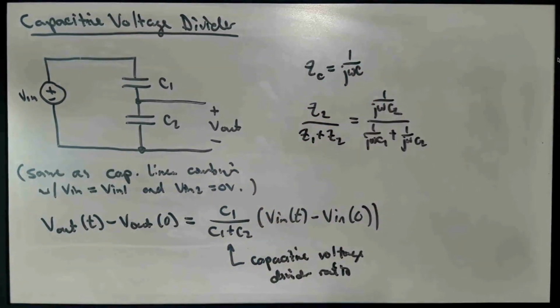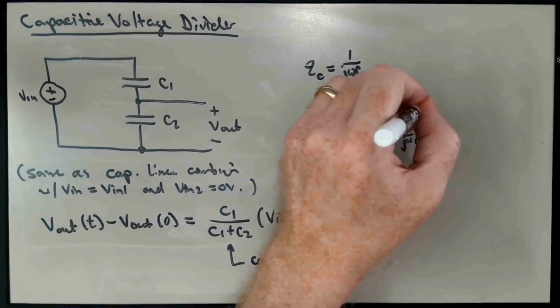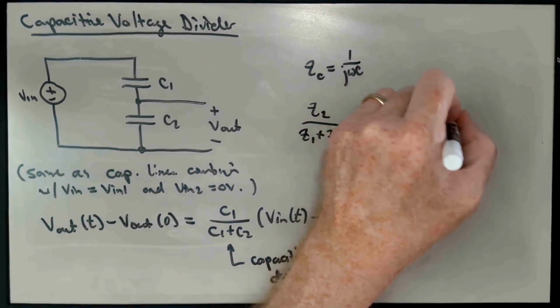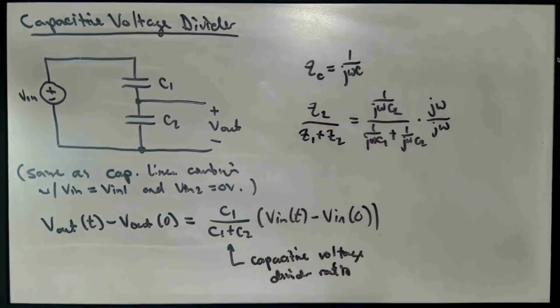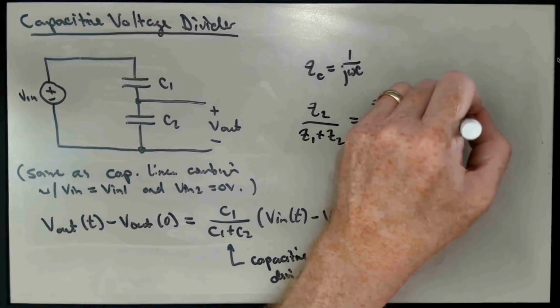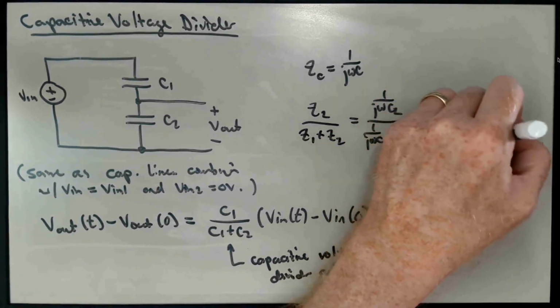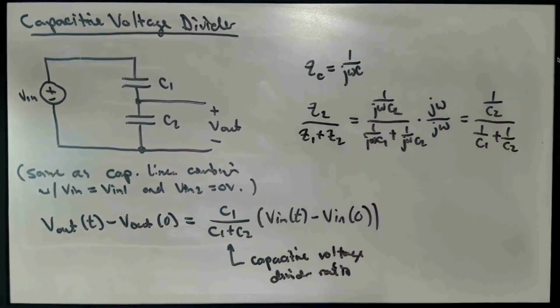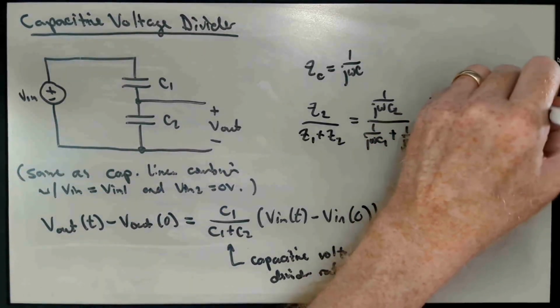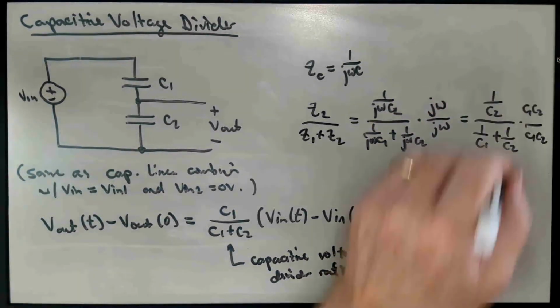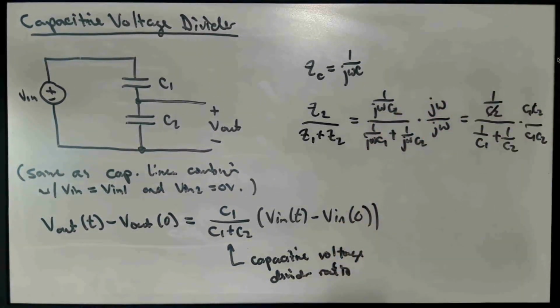And if we multiply through by j omega over j omega, that gets rid of the j omegas everywhere. And so that's 1 over C2 over 1 over C1 plus 1 over C2. If we multiply by C1 C2 over C1 C2, of course the C2's cancel up here, and we're left with C1.